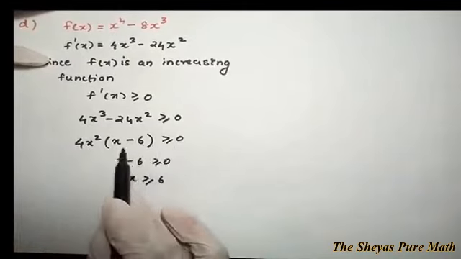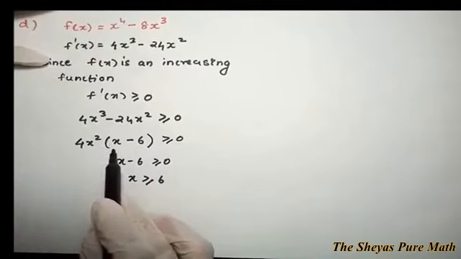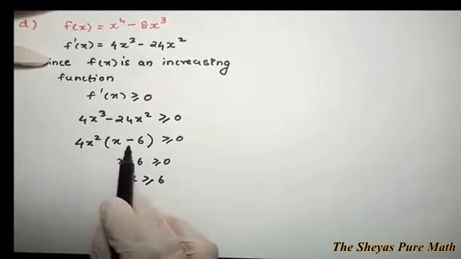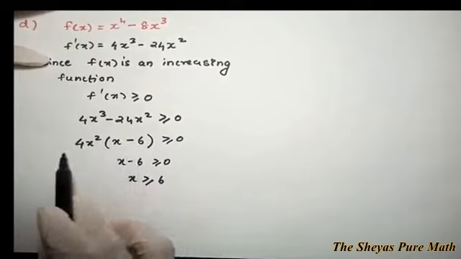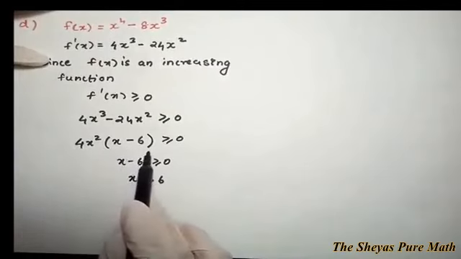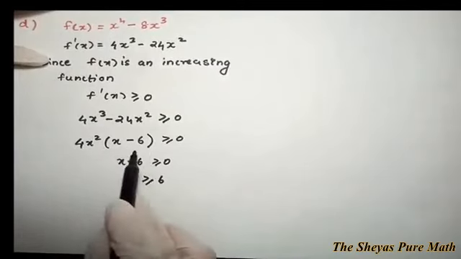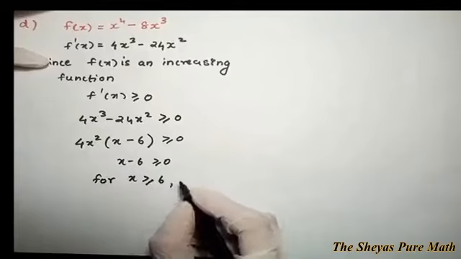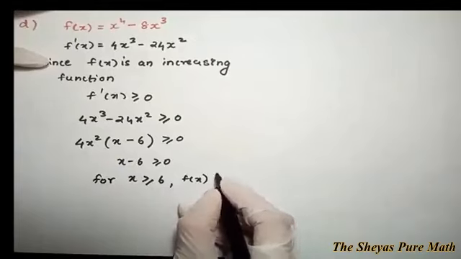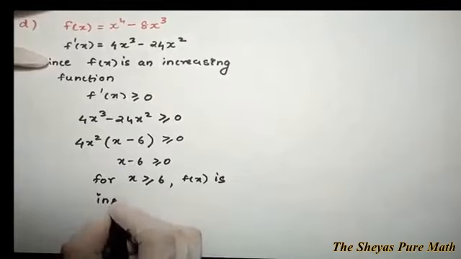The answer you will get is greater than or equal to 0. But if you take any values less than 6, suppose you are taking 4 or 5, this inequality won't be satisfied and you will get a negative value here. So I am concluding that for x greater than or equal to 6, the function f of x is increasing.